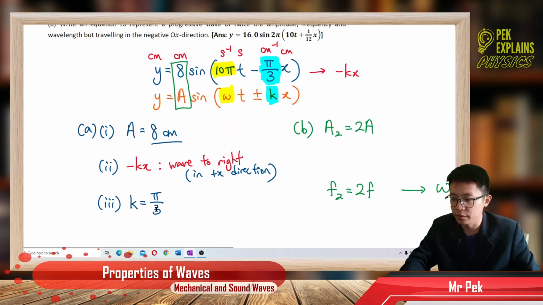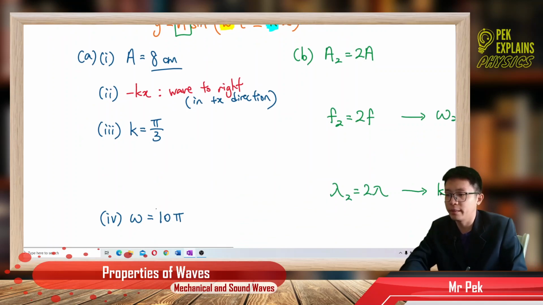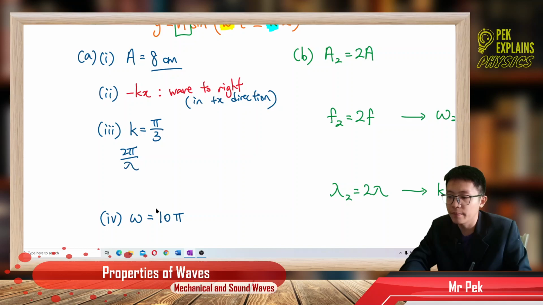So my k is π over 3. From here I can get my wavelength, because k is 2π over λ. Then we simplify. Finally, our wavelength is 6. What unit?